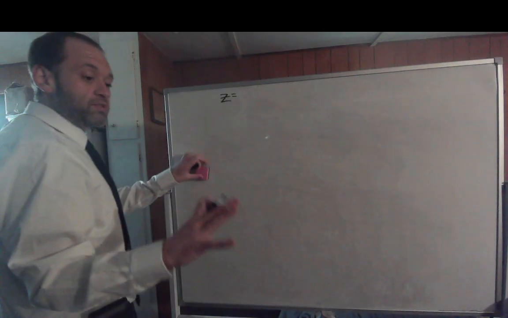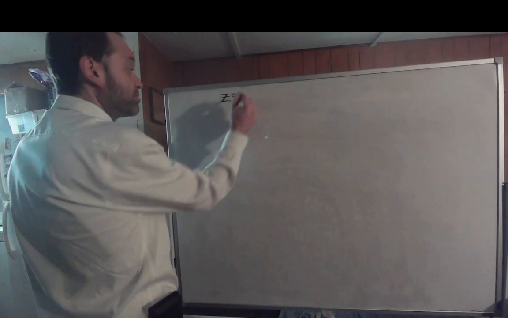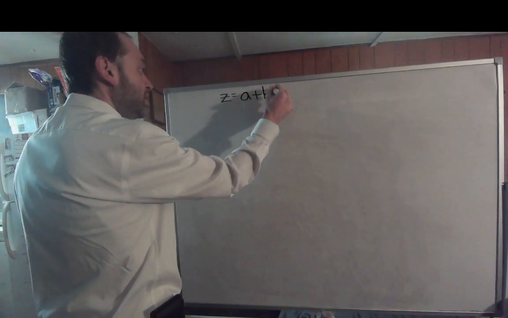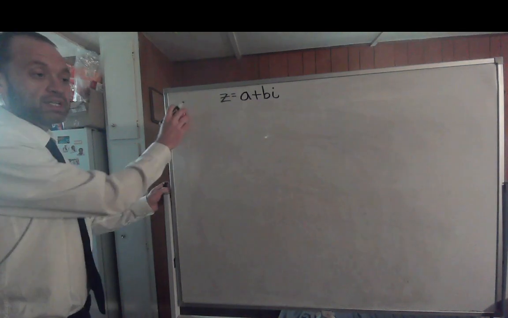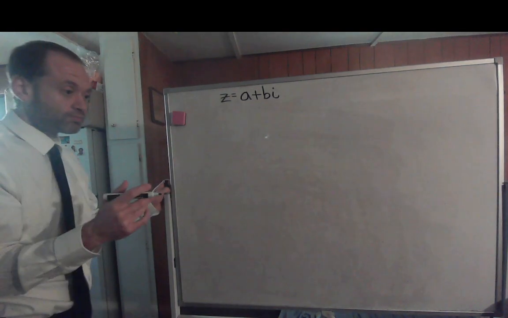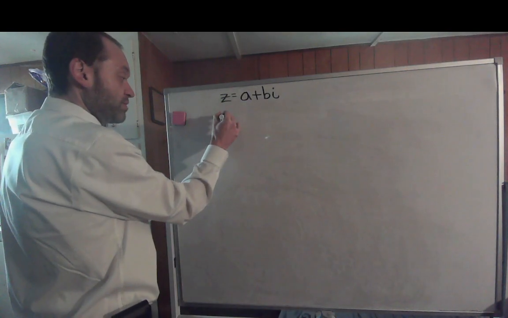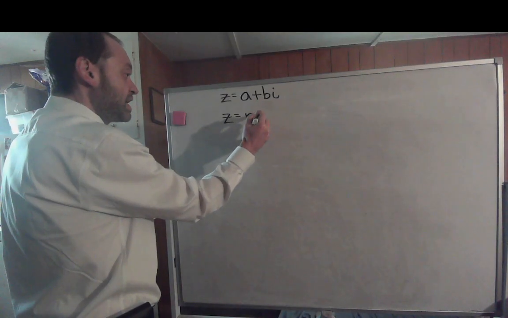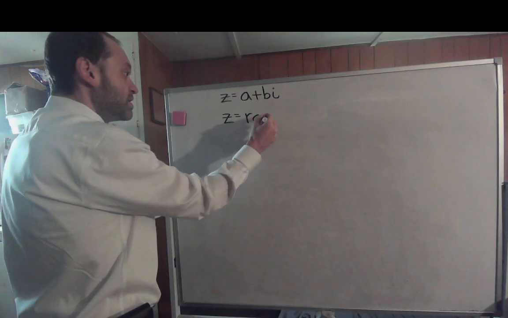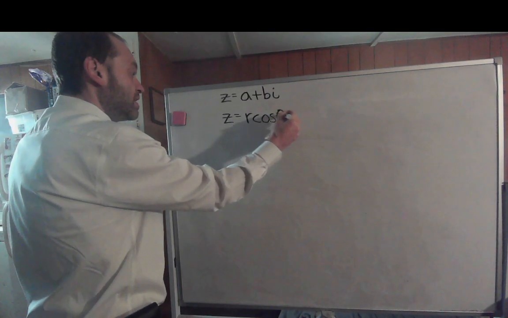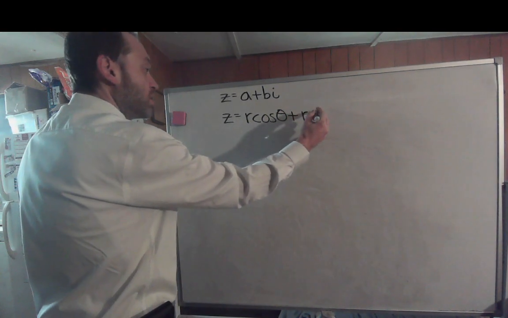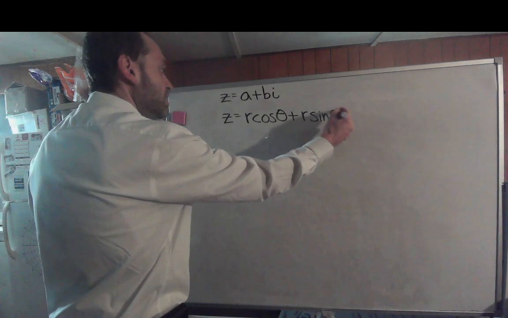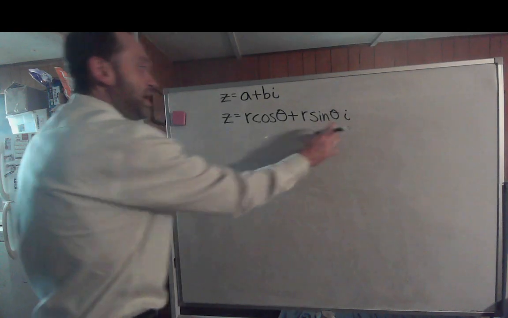So again, you have the complex number z equals a plus bi, the standard form of a complex number. Well, this can be rewritten as z equals r times the cosine of theta plus r times the sine of theta times i.